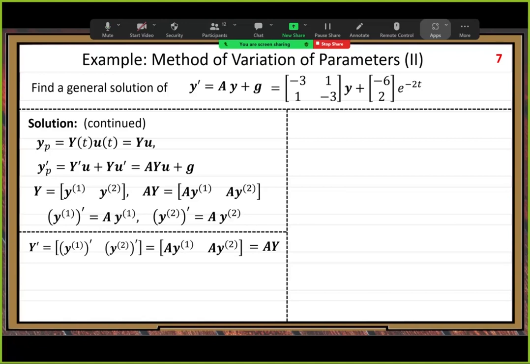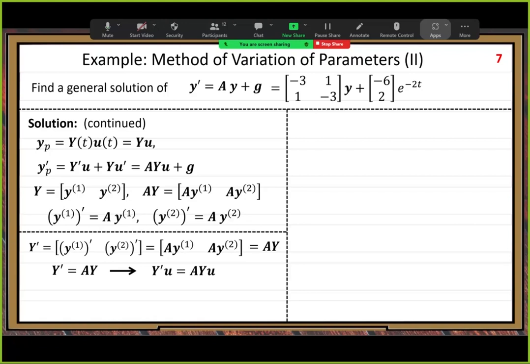Let me write it in a clean way. This is our intermediate result we need to use to simplify the equation.